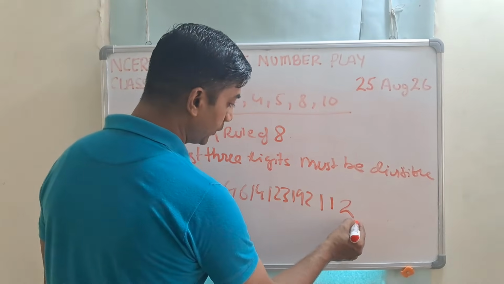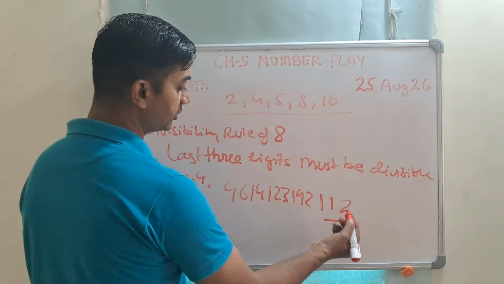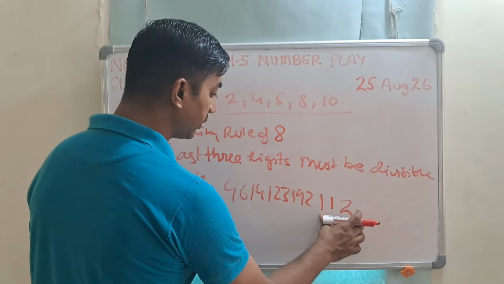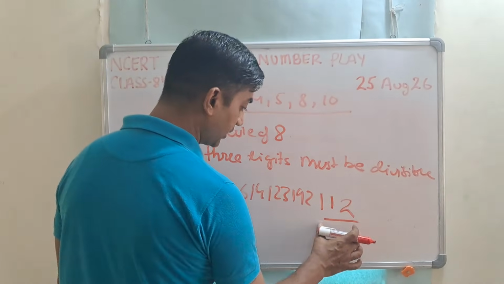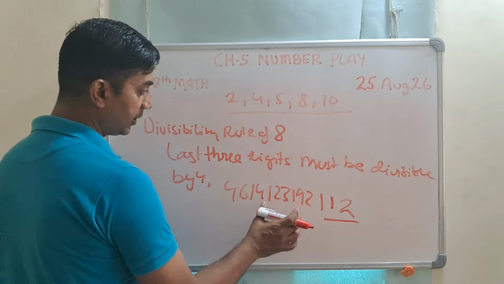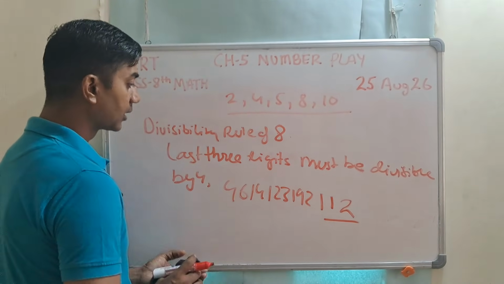At that time, if you check that the last 3 digits are divisible by 8, it means the whole number is also divisible by 8. So to check whether a particular number is divisible by 8 or not, you have to just check the last 3-digit number. Now you can realize that yes, this method actually makes our task easier.